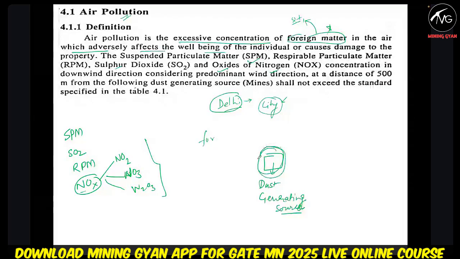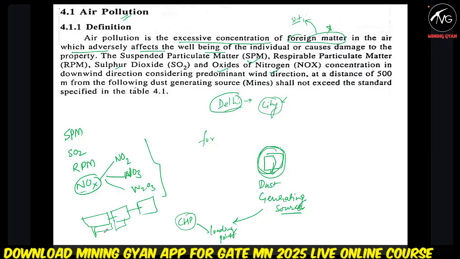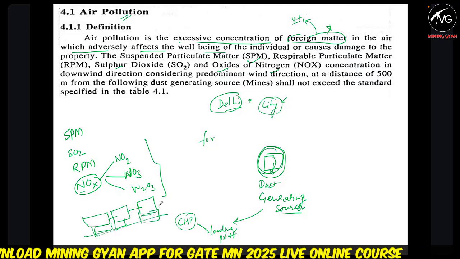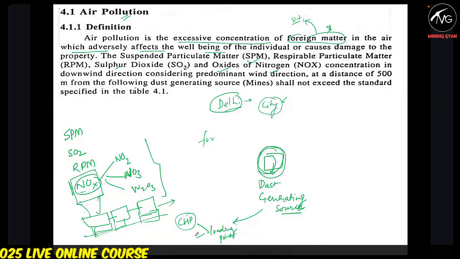Dust generating source means the loading point, the CHP, the coal handling plant, where your rake is filled with coal, meaning rail loaded. Or where your dumper is loading, that point.